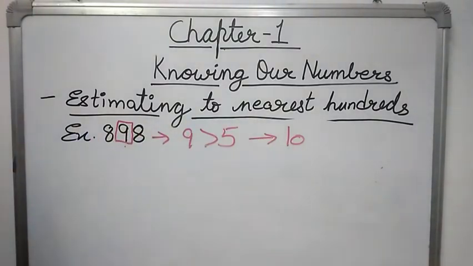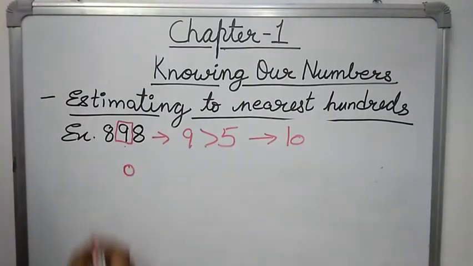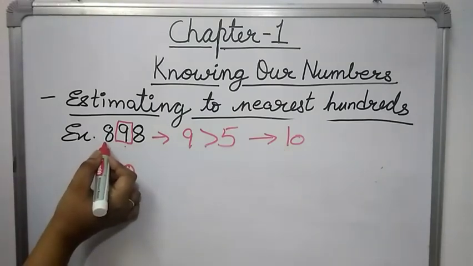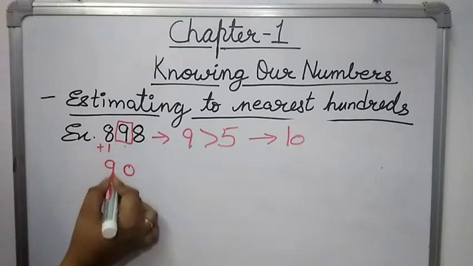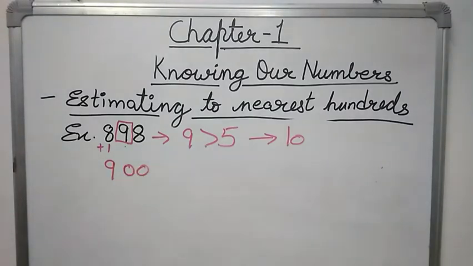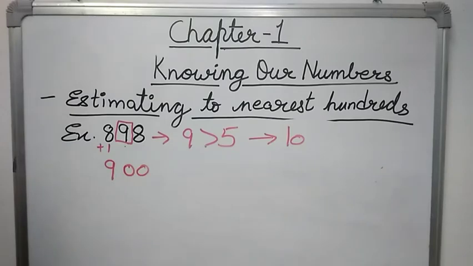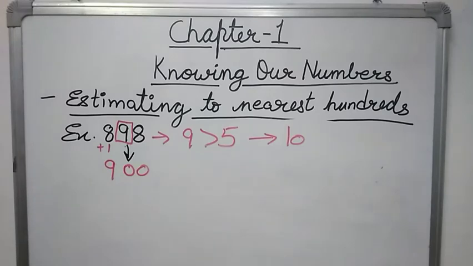Now for this 10, we will replace this 9 with 0, and this 1 will be added to this 8 at hundreds place. So 8 plus 1 will be 9. And this 8 will also be 0. When we replace 9 with 0, this 8 will also be replaced with 0. So 898 is estimated to 900 to nearest 100.